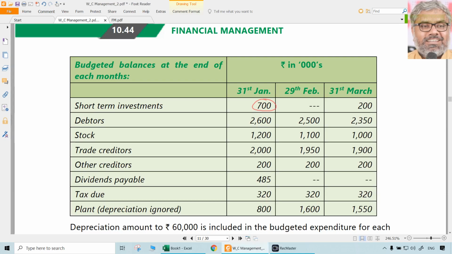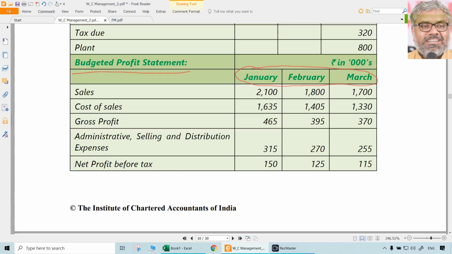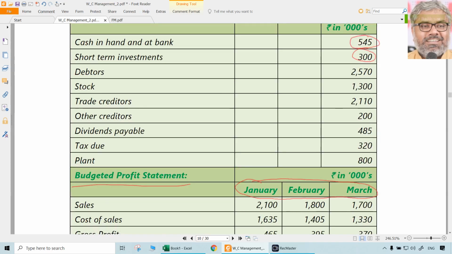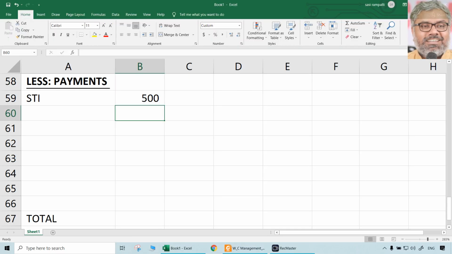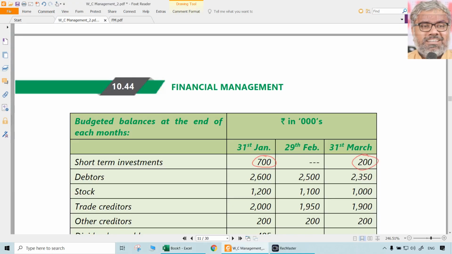Then, what about March? From 300 to 700, which means 400 have been purchased. 400 is an outflow. From 700 it became 200, which means 500 worth of investments would have been sold in March.